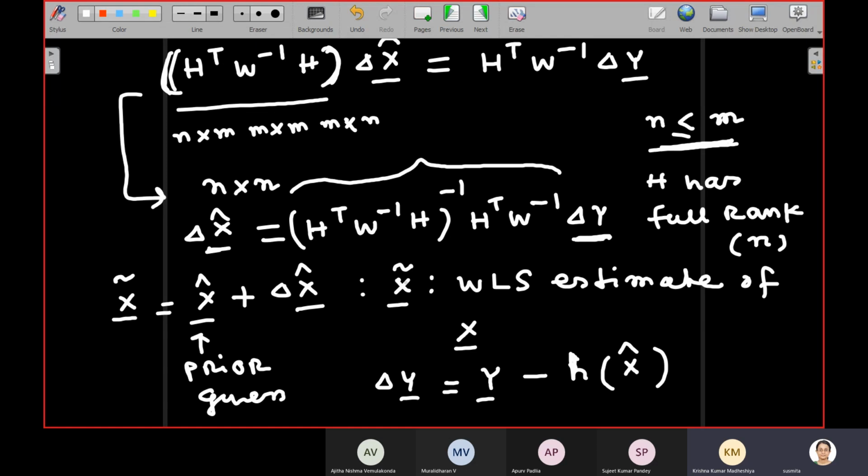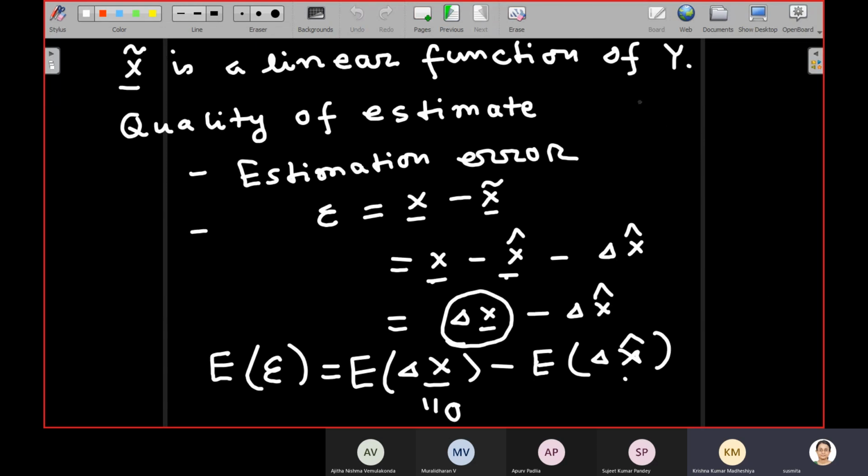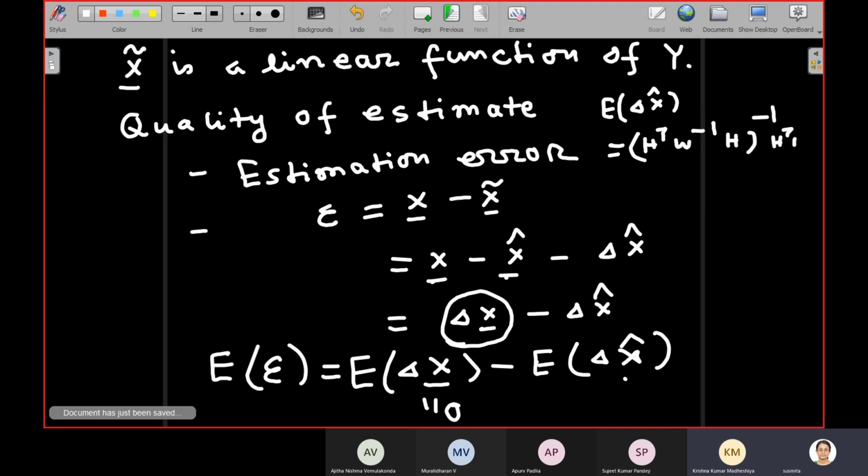So when you take the expectation of delta x hat, the expectation operator only operates on a random quantity. So the expectation of delta x hat is this one.